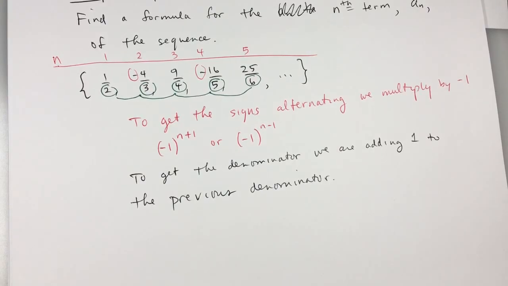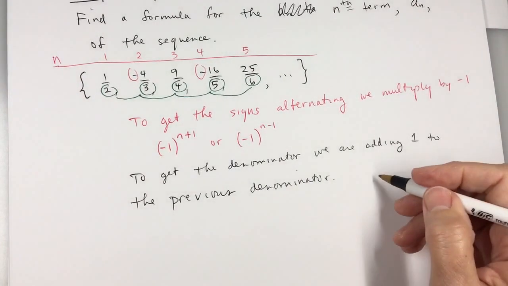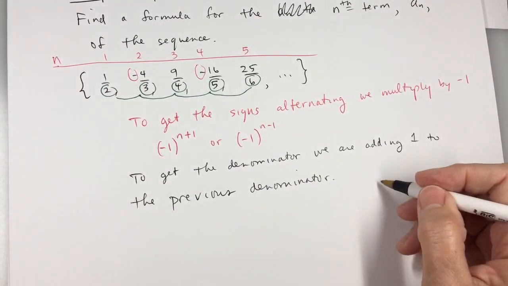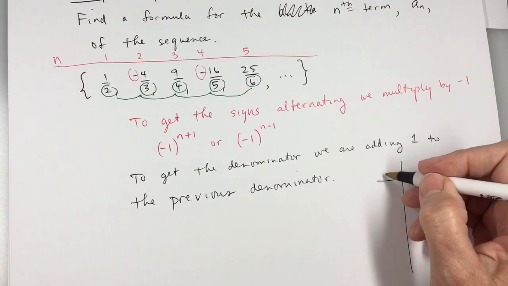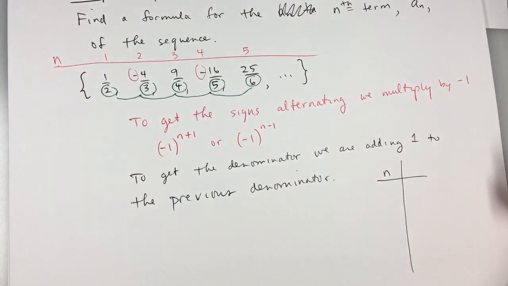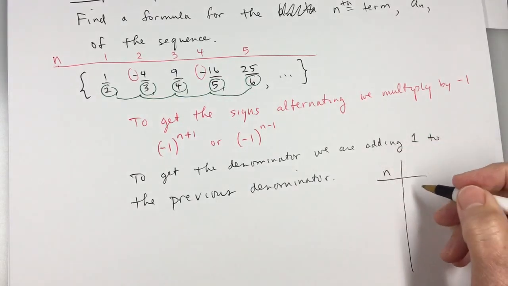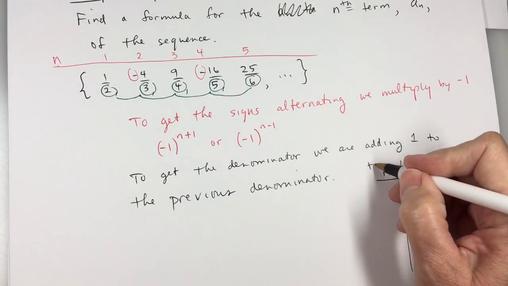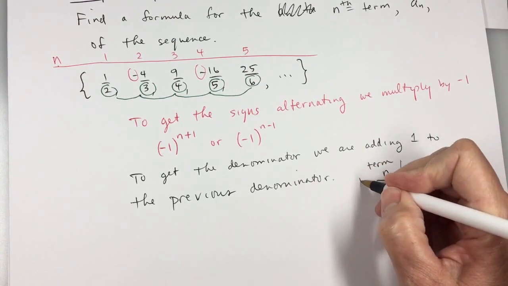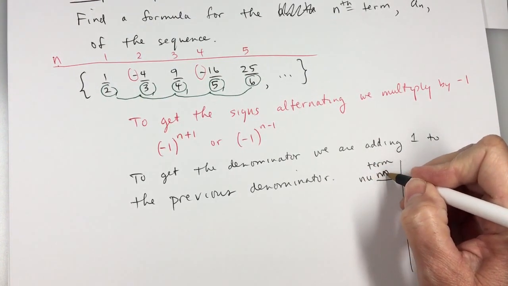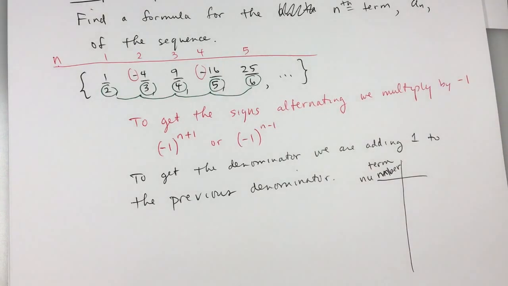Now when n is 1, I have to think, well, I could do what I did on that last problem. I could say, let's make a little chart. The term number, let's write term number, and then just the denominator part.